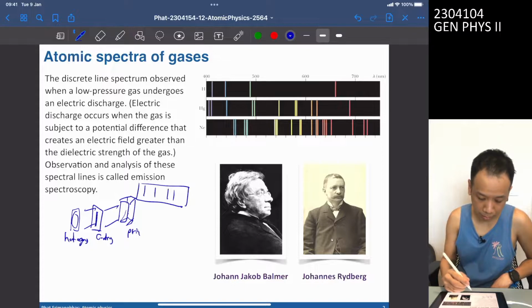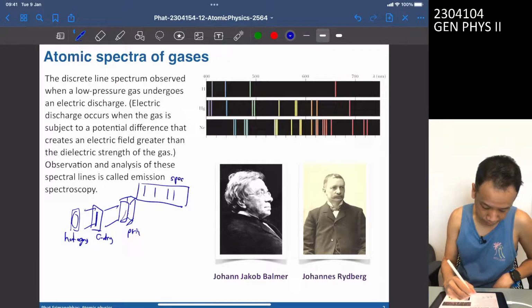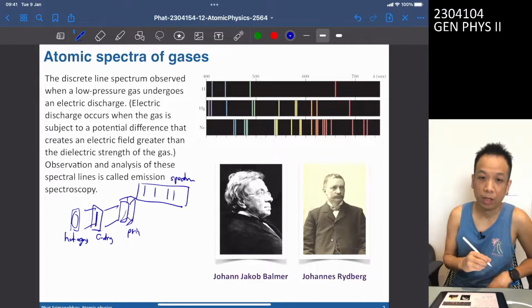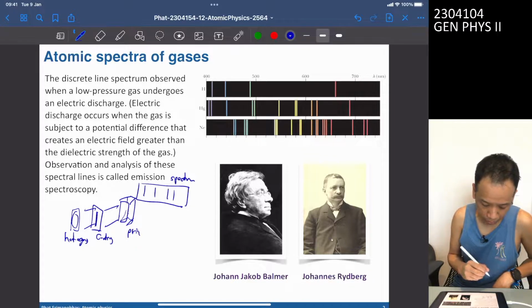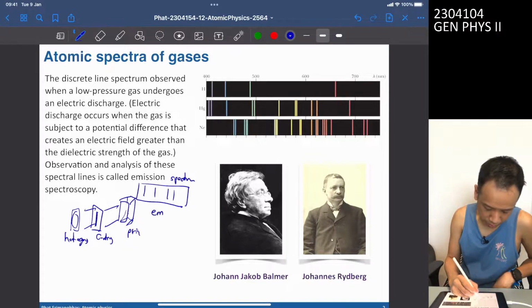This is the spectrum, what we call the emission spectrum.